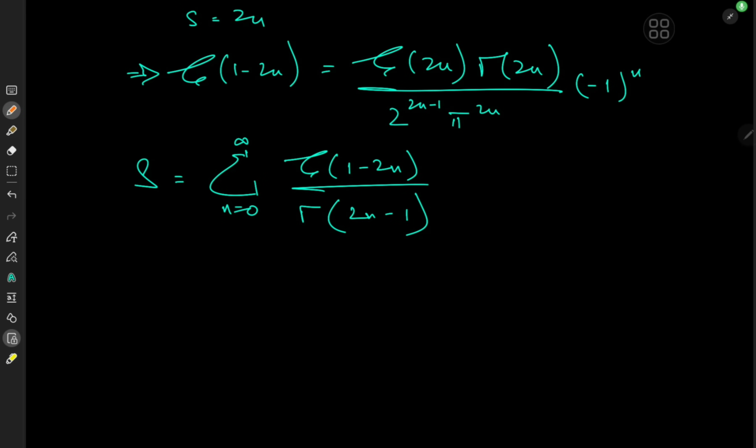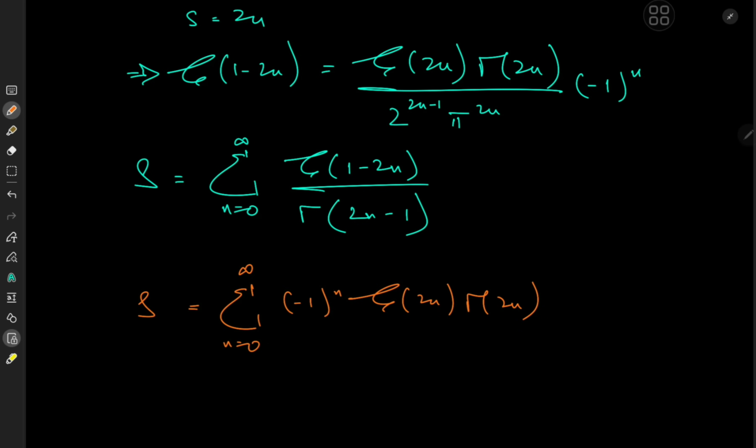So after all of those zeta function acrobatics, we now have s equal to the sum over n from 0 to infinity. I'd like to start off with the alternating term, and we have zeta(2n), gamma(2n), over 2 to the 2n minus 1, pi to the 2n, gamma(2n minus 1).